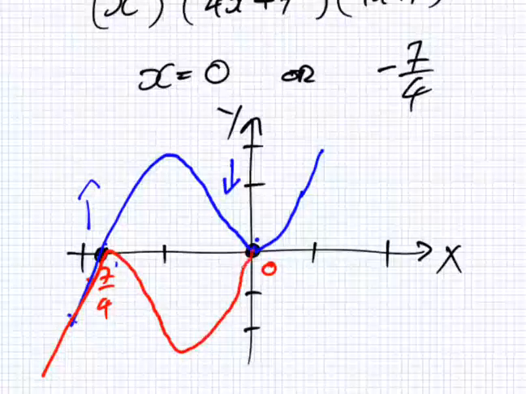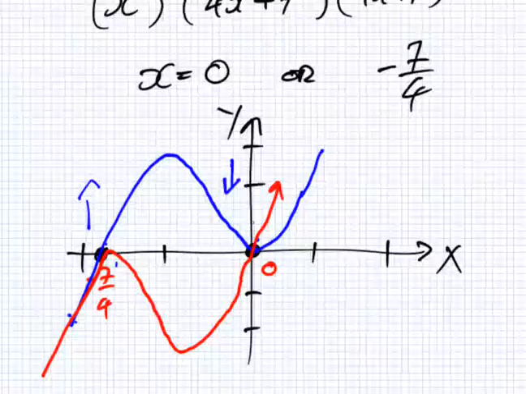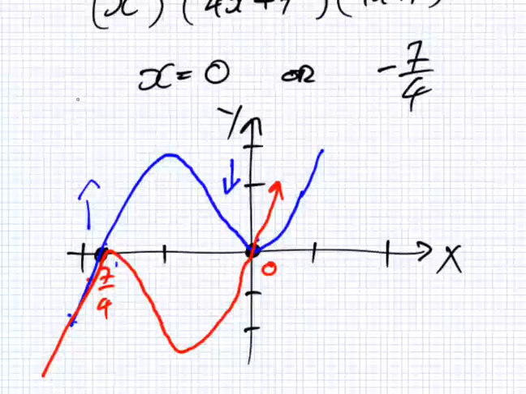If I let y equal to 0, I get x(16x squared plus 56x plus 49) equals 0. x could be 0, yeah. So the first point you have is x is 0 and y is 0.